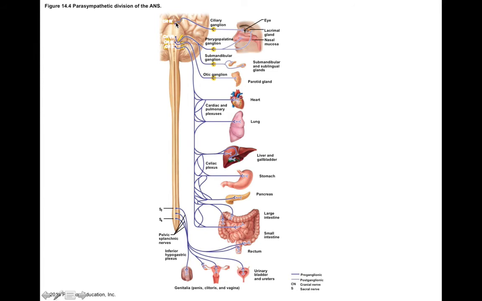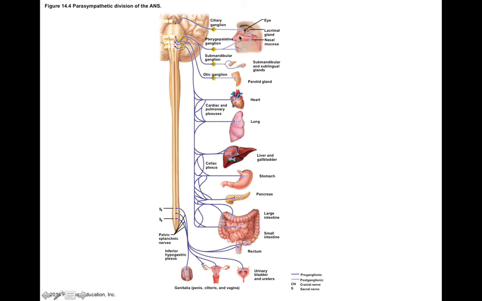So the oculomotor nerve communicates with the ciliary ganglia, which goes to the smooth muscle of your eye. So it's going to control your pupillary diameter, as well as the lens. And cranial nerve number 7 goes to both the pterygopalatine and the submandibular ganglia.